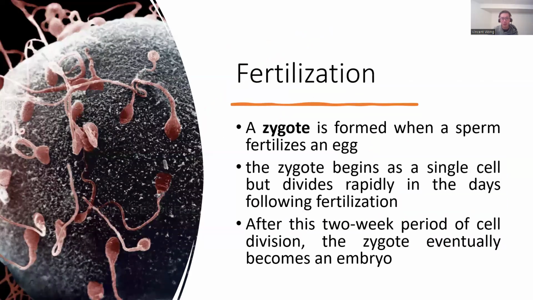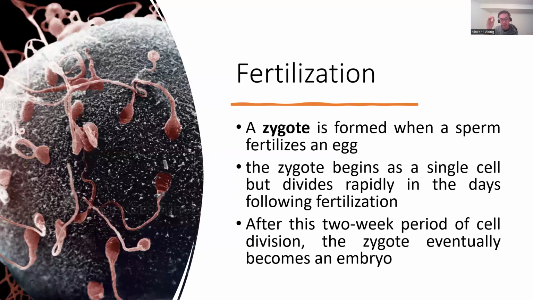Now, a zygote is what's formed when a sperm fertilizes an egg. Right? So in this picture, you can see there are many sperm trying to gain entry to the egg, but only one will make it, right? You and I are the product of that one sperm getting into the egg. Millions of sperm are trying to compete, but only one will make it.